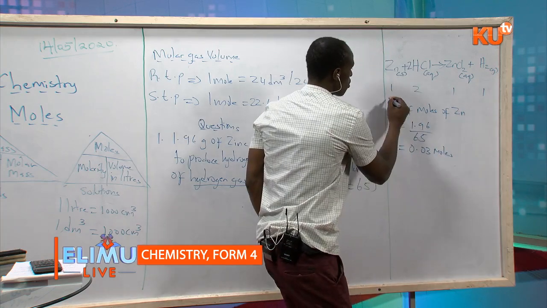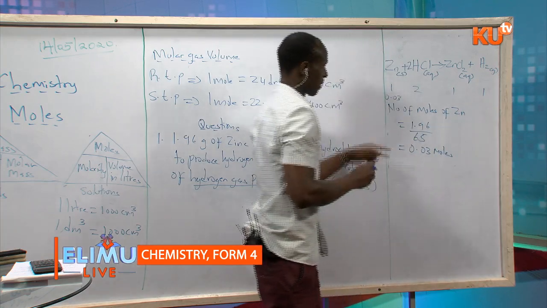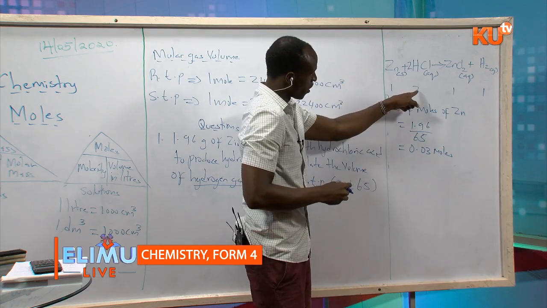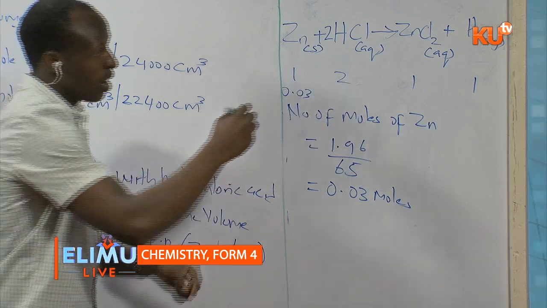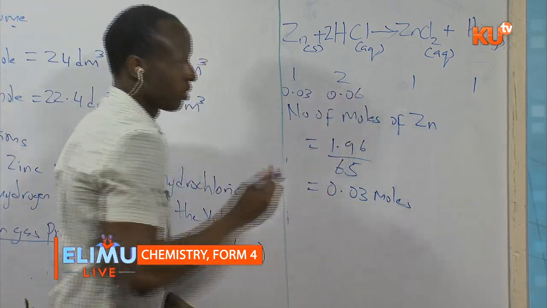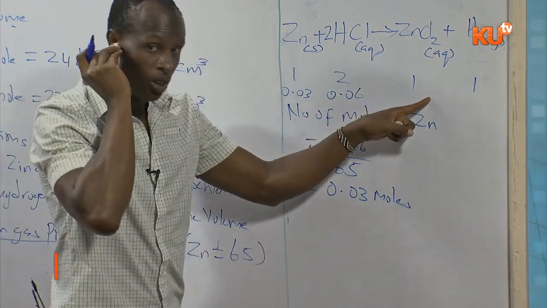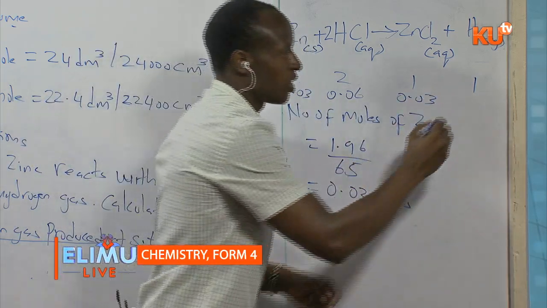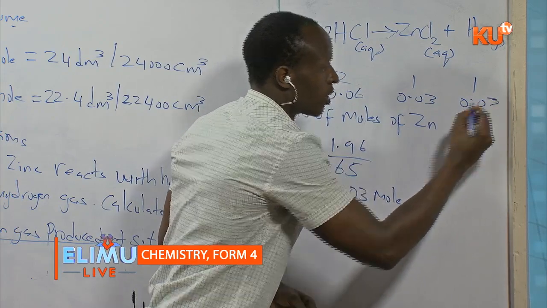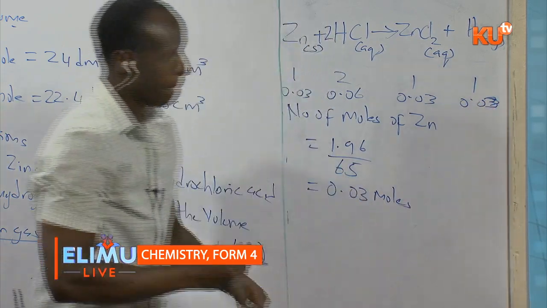For zinc, the number of moles is 0.03. For HCl, because the ratio is 2, it doubles, so the number of moles is 0.06. Zinc chloride, the ratio is still 1, so it's 0.03. And hydrogen gas, 0.03.